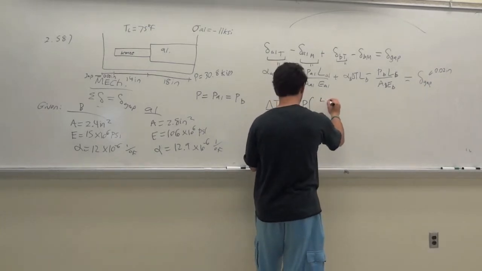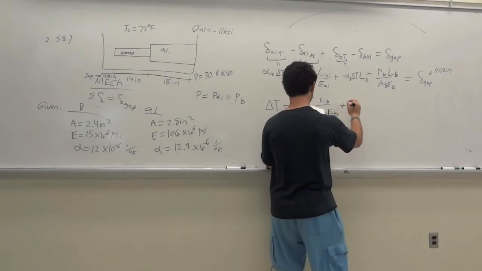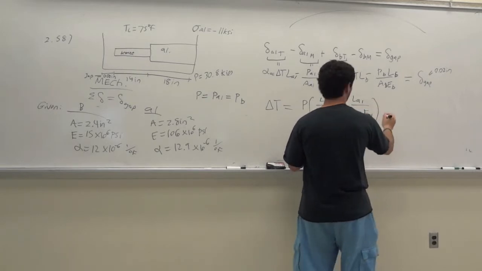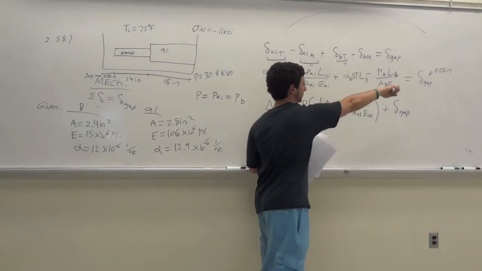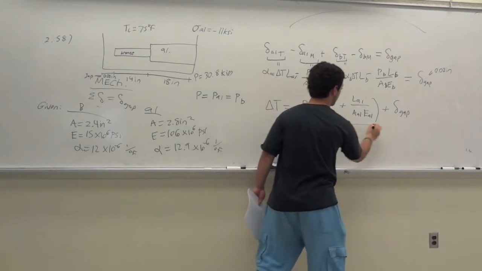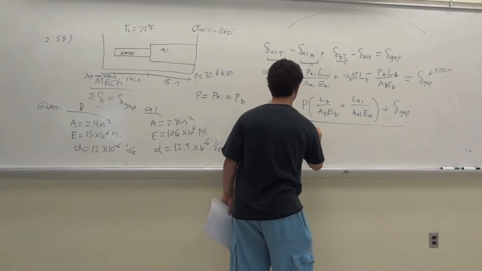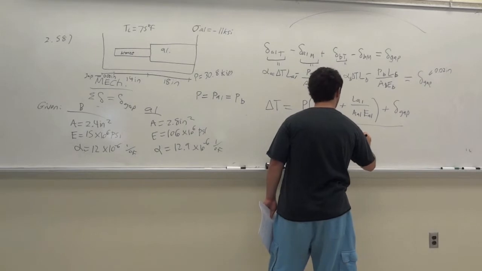It's P times LB over AB. This is just algebra, so you guys can work this out. It's not complicated what I'm doing here. Plus the gap. So all I did is move this one and this one over to the other side. And then it's all divided by these two terms plus these two terms. So it's alpha AL, L AL plus alpha B LB.